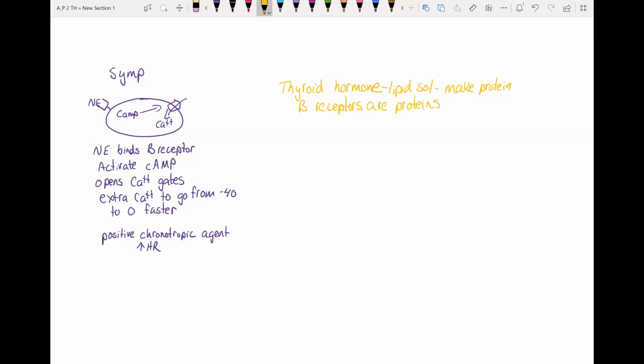So start putting 2 and 2 together. Thyroid hormone is lipid soluble, so it's going to stimulate the cell to make protein. Beta receptor is protein. Thyroid hormone causes the nodes of your heart to have more beta receptors.